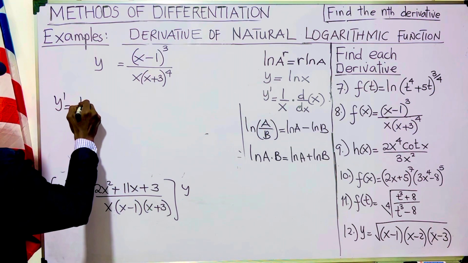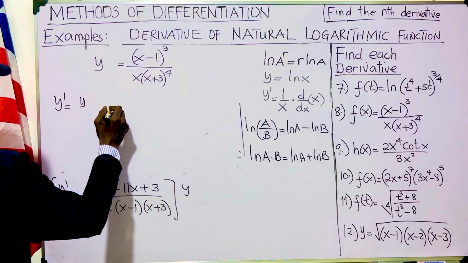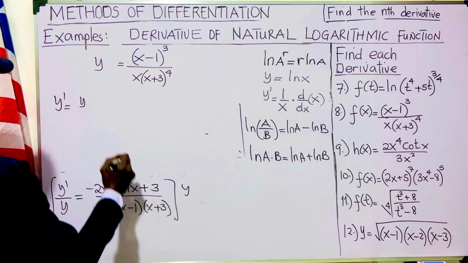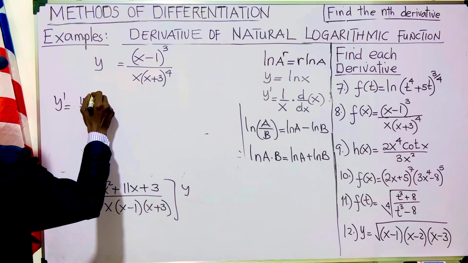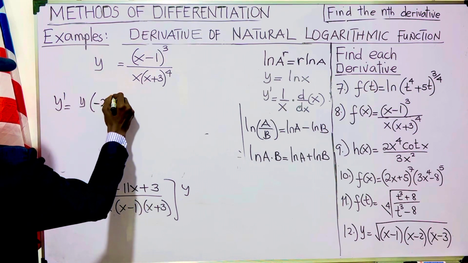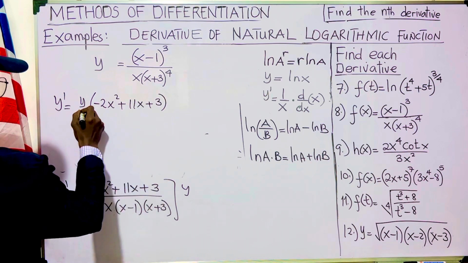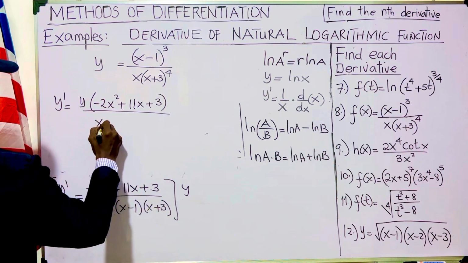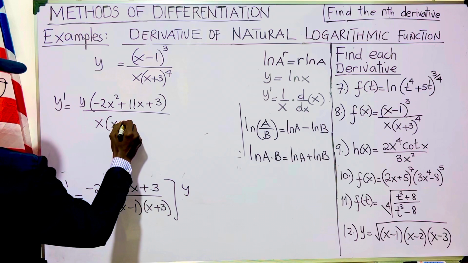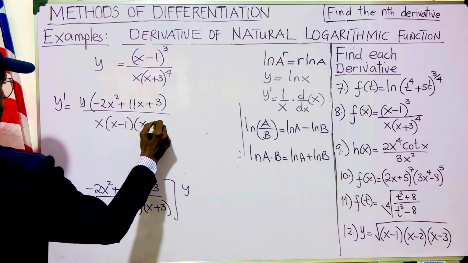So it's going to be y times this whole expression, negative 2x squared plus 11x plus 3, all divided by x times x minus 1 and x plus 3.